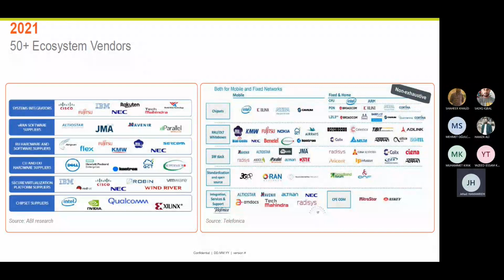Those are examples of the companies involved in Open RAN and producing products for the ecosystem so that operators and internet service providers can buy from them.